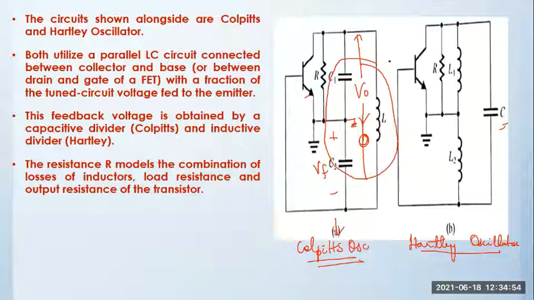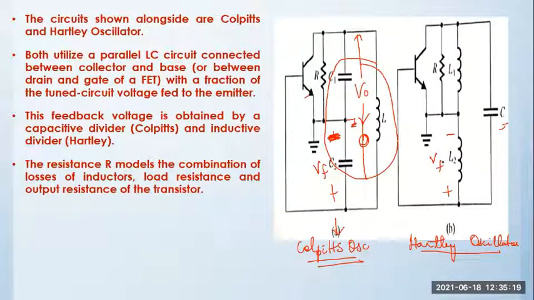And in this also, again, we have an inductive divider. The output voltage will be divided between L1 and L2, and a part of the voltage which comes across L2 will be given as feedback. It is connected to the input side of the circuit. So you can see it is like this. This end is positive, this is negative.